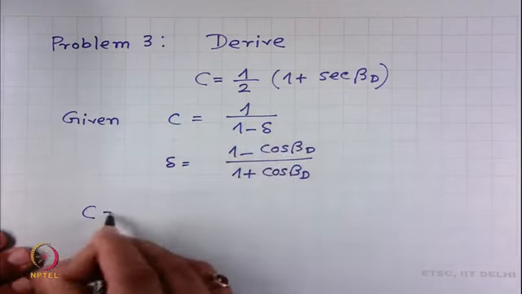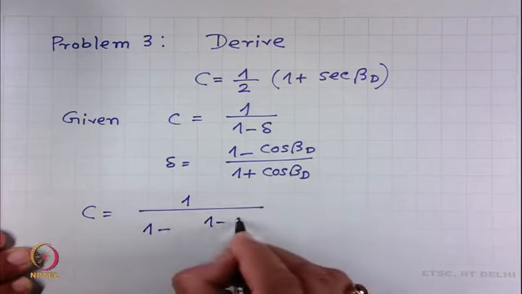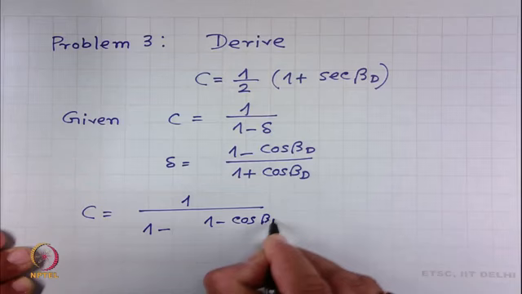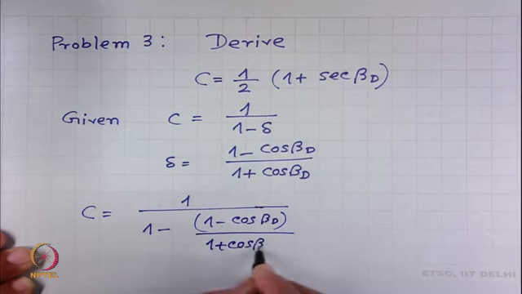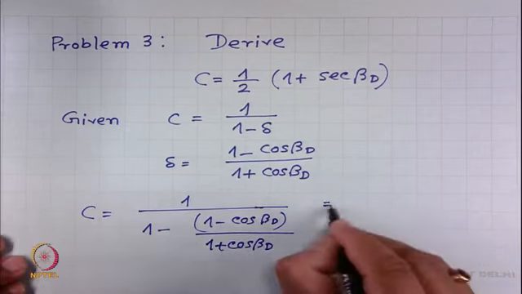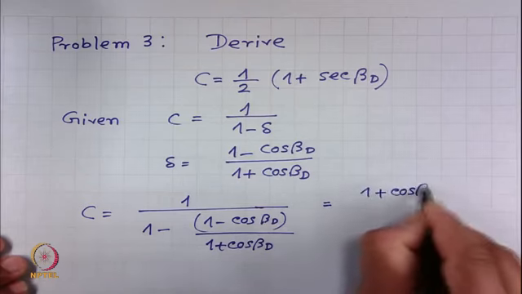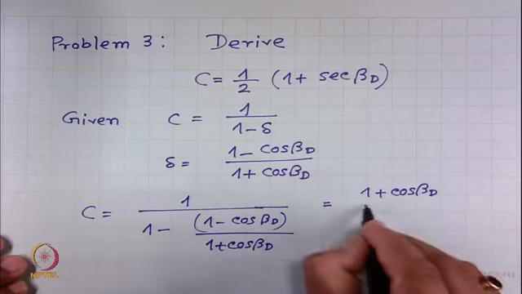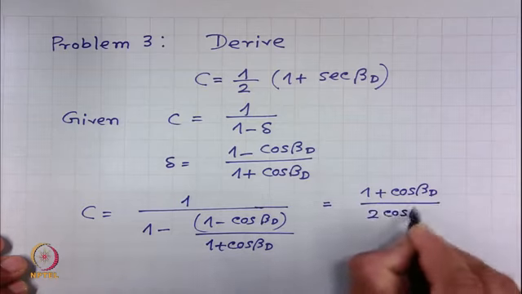C is 1 by 1 minus cos beta d by 1 plus cos beta d, so 1 plus cos beta d by 2 cos beta d.